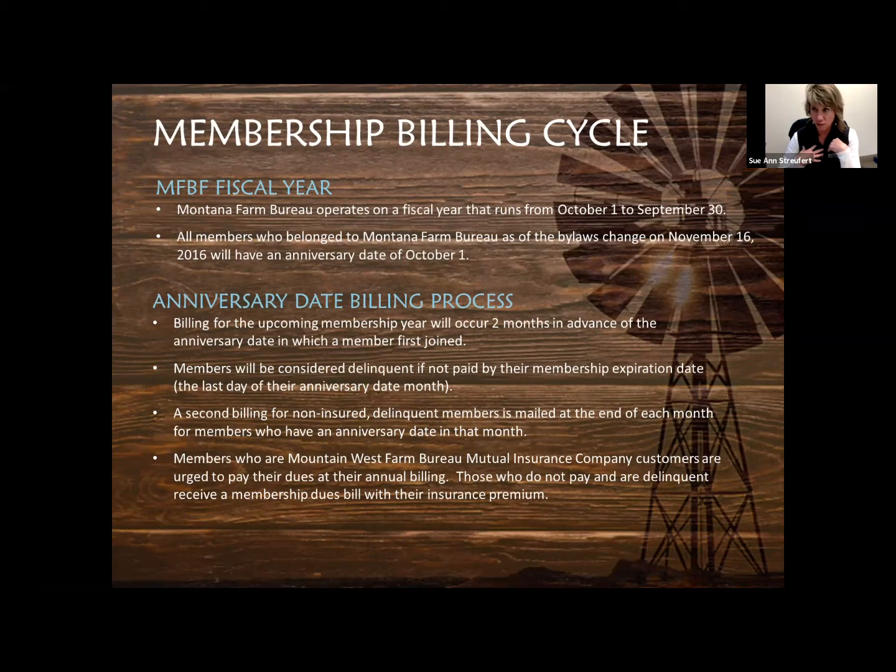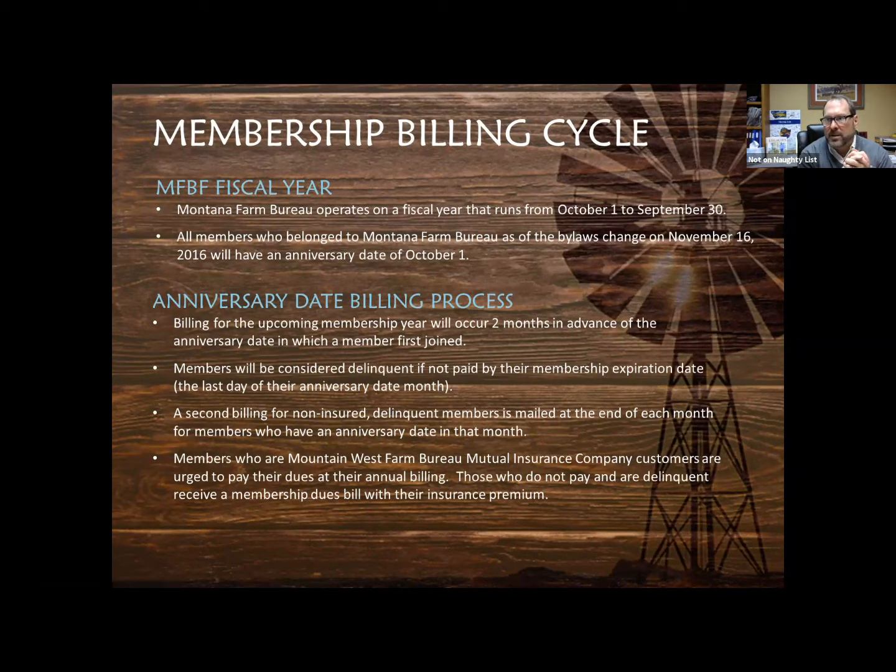But if they do not, there is a process in place for those dues to be added on to those customers' insurance premium. Scott, do you want to say anything about follow up with that with Mountain West? Sure. So Atlas is now synced with Mountain West Farm Bureau's data system, and flags come up if a member who has an active policy becomes expired.